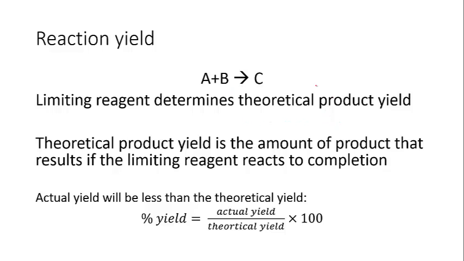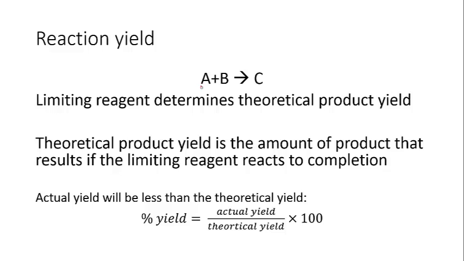So what this means is that either A or B will determine the maximum amount of product, C, that can be formed. The theoretical yield is the amount of product that would result if the limiting reagent, which is either A or B, reacts all the way to completion.